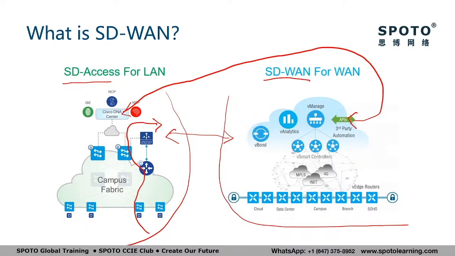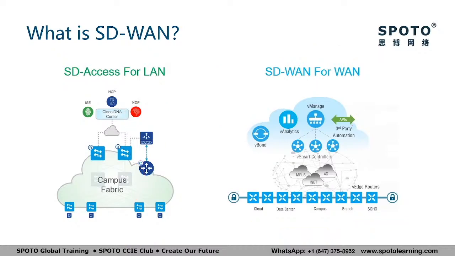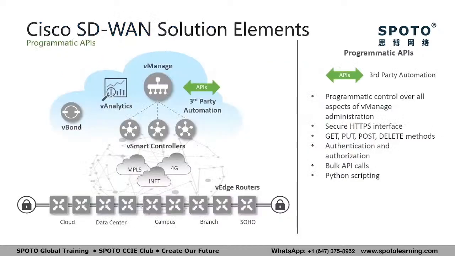So just to let you be aware of this. Right now, the functionality is very light. You can't even test this a lot in the lab. It really depends on the progress of Cisco's development speed. So don't worry too much. Just have a look at this slide. Understand the third-party API and the communication between the vManage and the DNA center. That's all for right now.